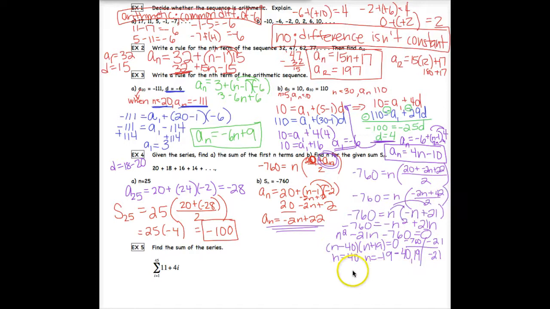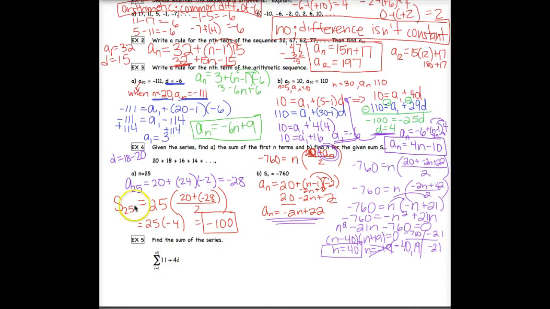Now, this was quadratic, but this doesn't make sense to have two solutions because it says find n, meaning find the term number that has this sum. You can't have a negative term number. You have the first term, the second term, the third term, so on and so forth. You cannot have a negative term number. So this doesn't make any sense for the situation we're dealing with, which means that our answer is n equals 40.